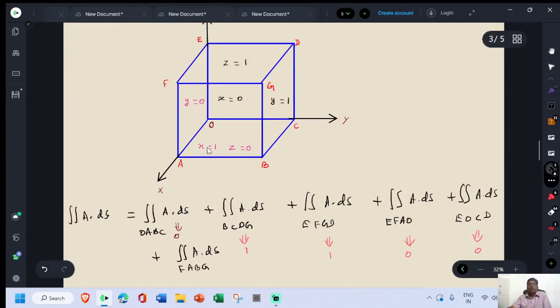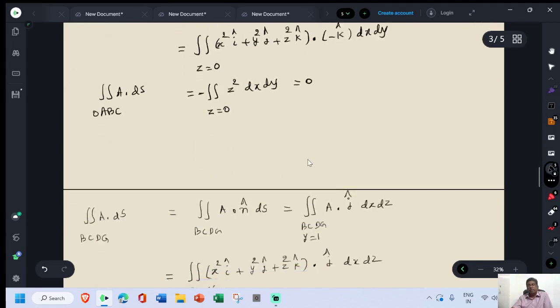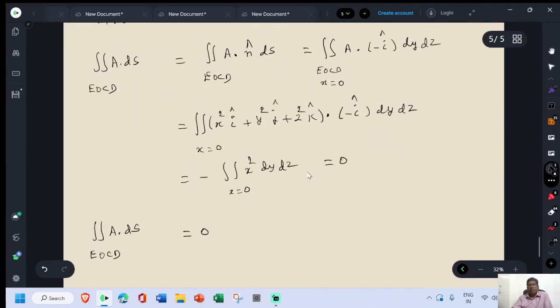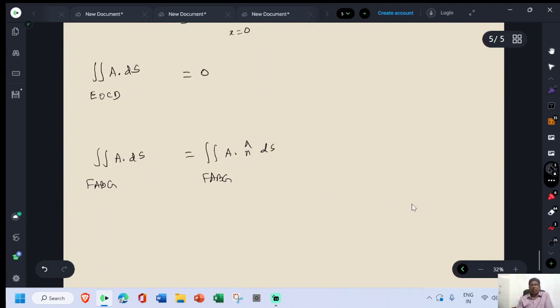Here the value of x equals 1. In this face, x equals 1, then n cap is equal to i. Then dS is dy dz.